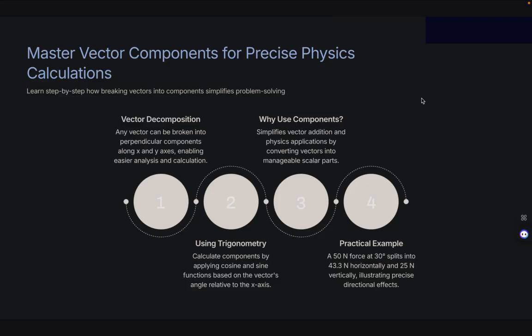So we could use sine, because we have opposite. And we could do sine 30 degrees equal to x over, which one we want to use, 43.3 or 50. And that's how you would solve that problem.